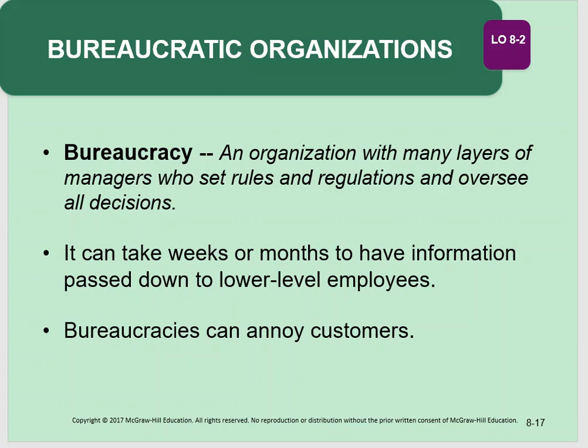The book points out that the pharmaceutical giant Pfizer has 17 layers of managers between the CEO and the lowest level employee. That just seems like too much. Because of this and the long decision-making process, bureaucracies oftentimes will annoy a company's customers.